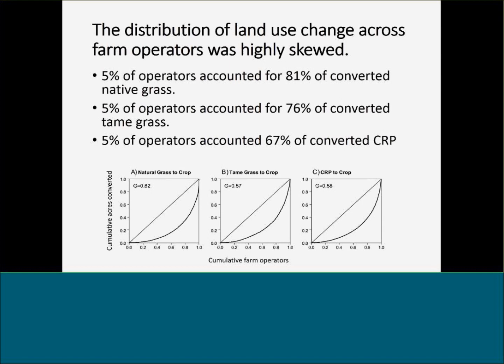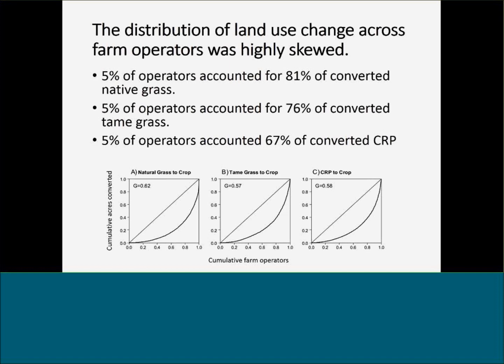Lorenz curves. If each farm operator was contributing equally to the amount of conversion, we would expect to see a straight line. So, if we were looking at the first 50% of farm operators with conversion sorted from low to high, they would account for 50% of the acres converted.